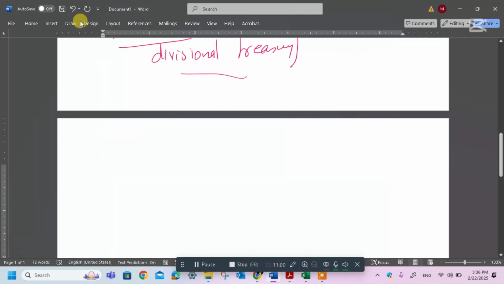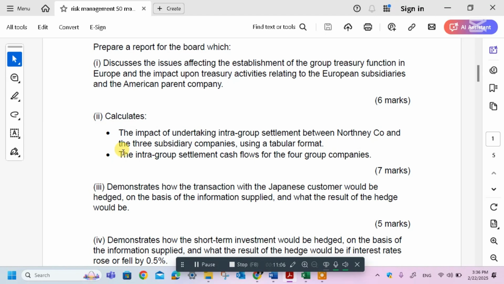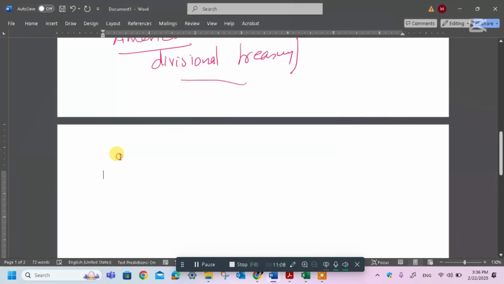What is going to be the next point? Third point. Calculations, we have done it already. If at all you want, we can include a point: examples of specific risk management techniques. Okay, then you can say annexure 1.